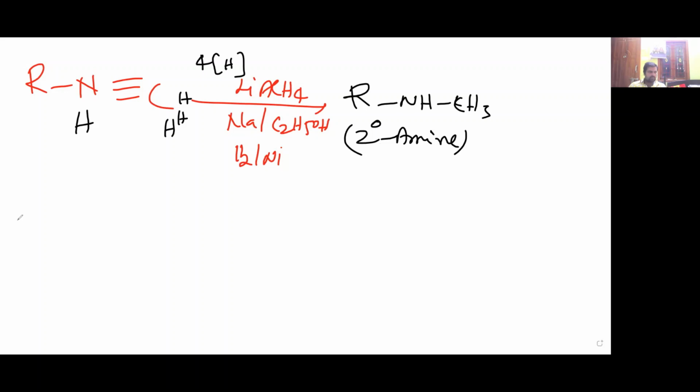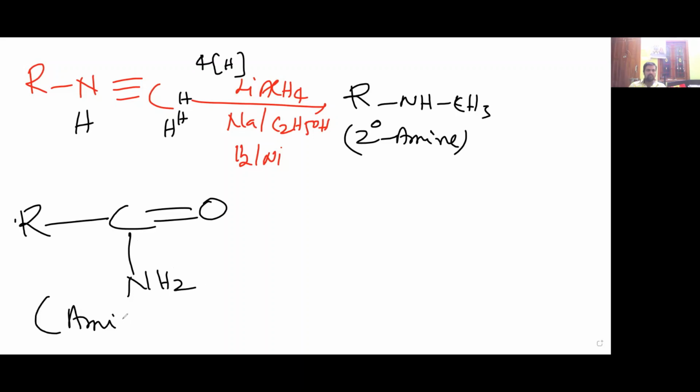And another most important reaction, R C double bond O NH2. This is the most important thing, amide. So this amide is treated with LiAlH4, which is a powerful reducing agent. We are adding this, how many hydrogens are coming?